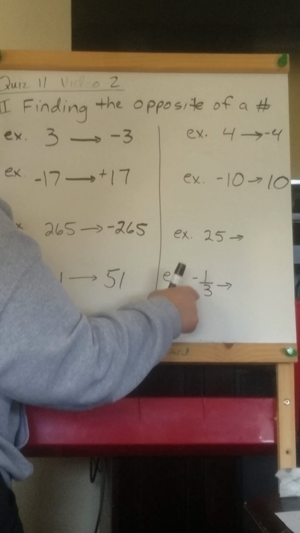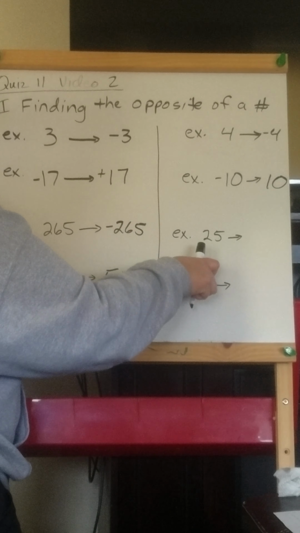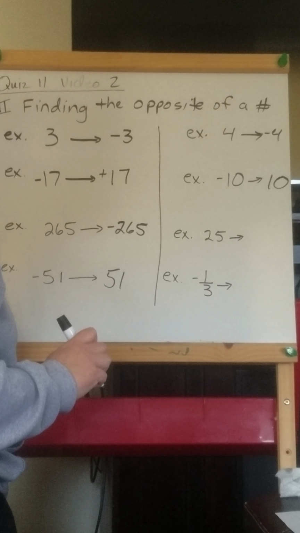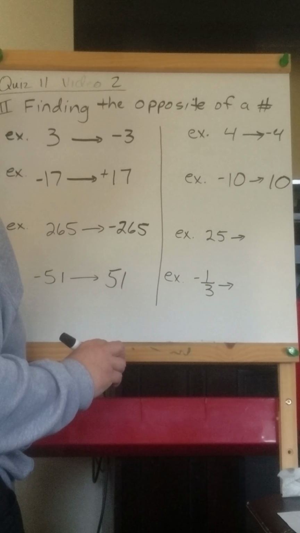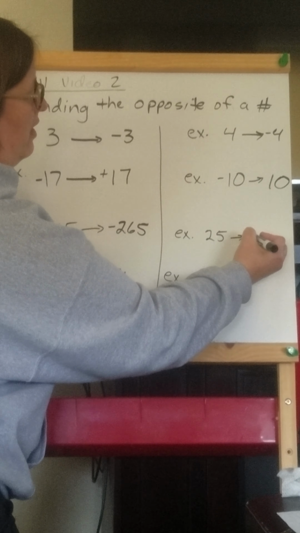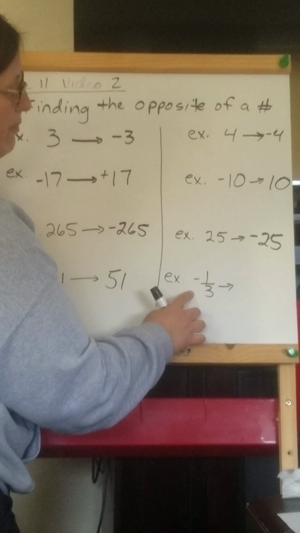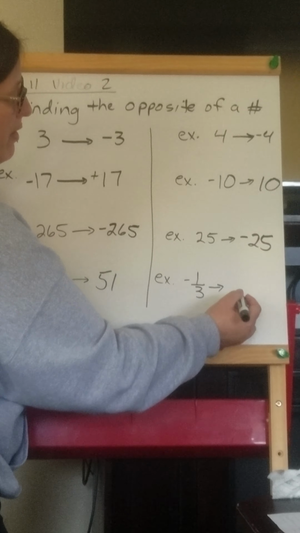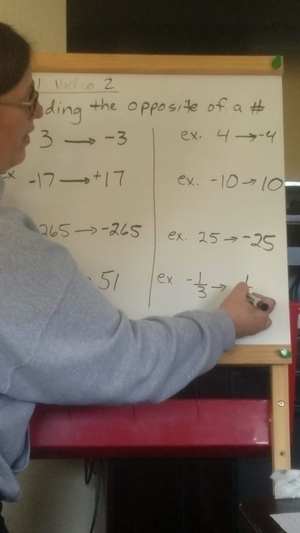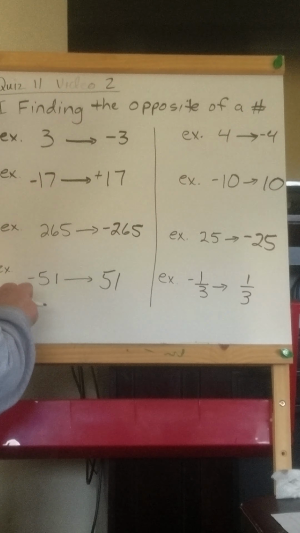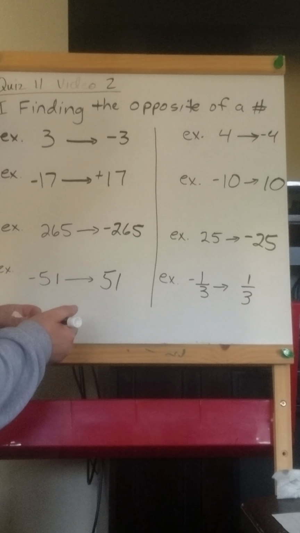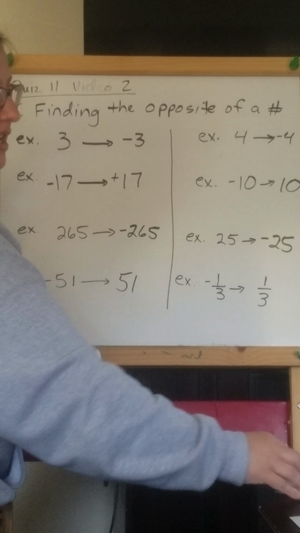And let's see if you can do the last two on your own. This is a positive number, so the opposite will be negative 25. And this is a negative number, so the opposite will be positive 1/3. Okay, our next topic, we're going to start working with adding and subtracting.